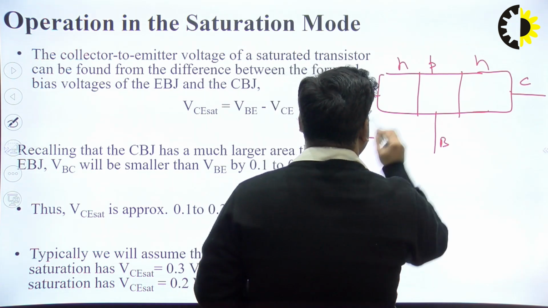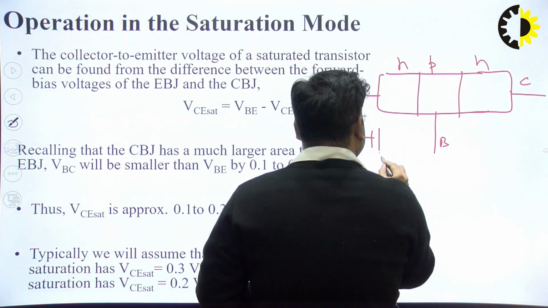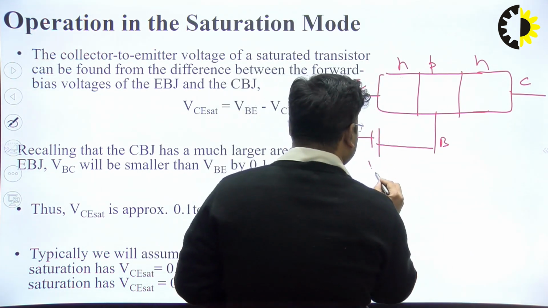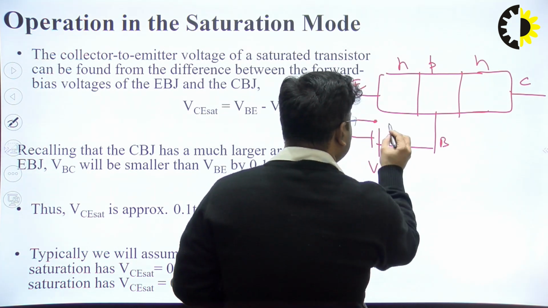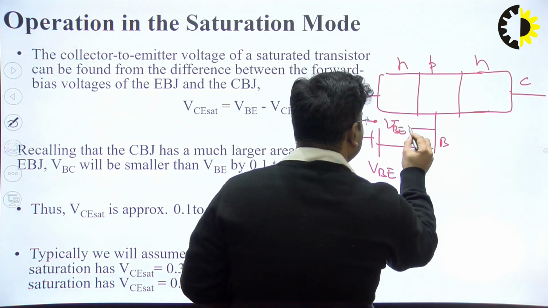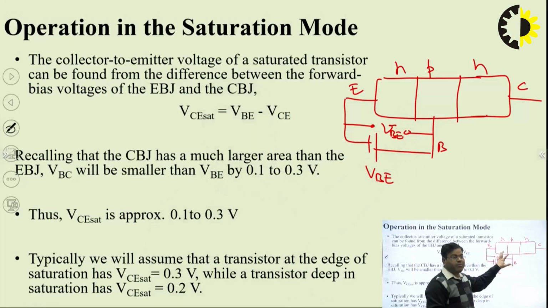In active mode, this junction is forward biased by connecting a battery here, and this is the value of VBE. If we apply some AC component, then the total voltage will be VBE. Electrons will be emitted, meaning this junction will be forward biased only when VBE is greater than the knee voltage.